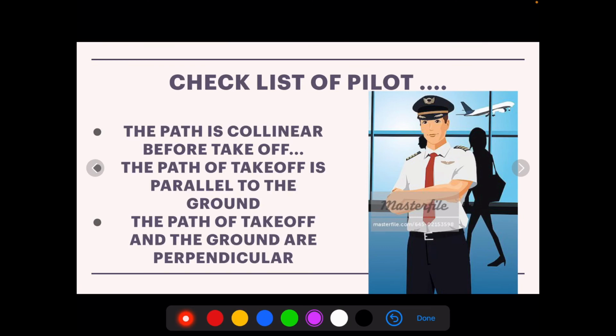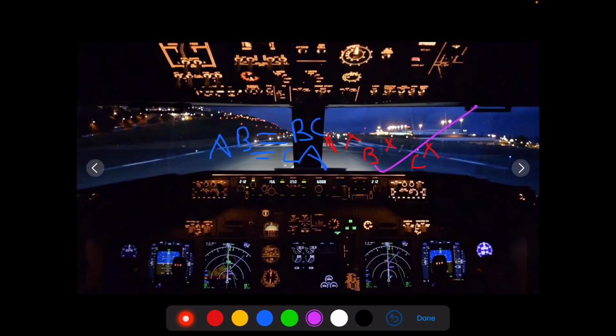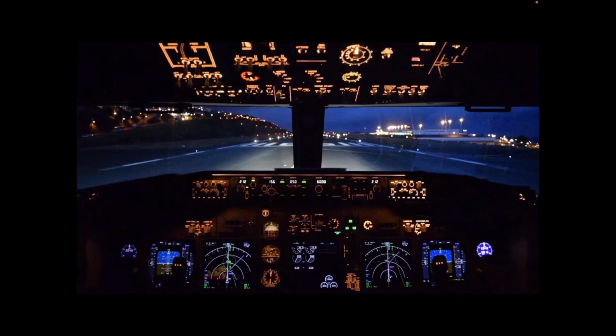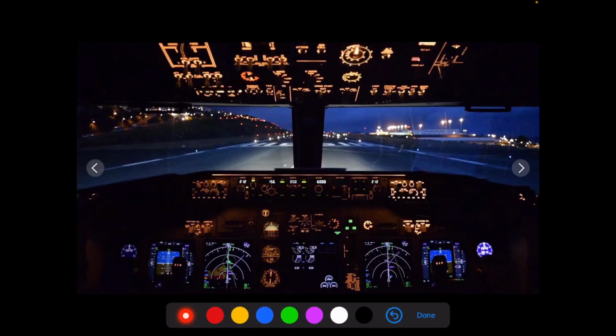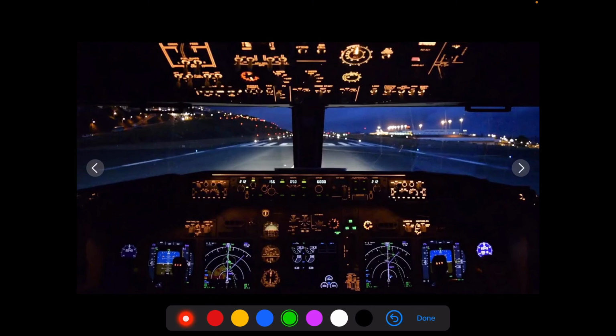Getting back to our second condition, the path of takeoff is parallel to the ground. Let's say this is the ground and this is the flight path. I'm denoting this by the yellow color. This is the flight path.